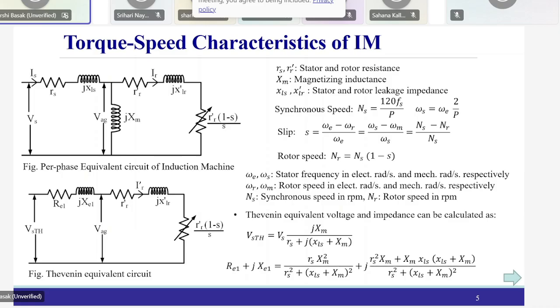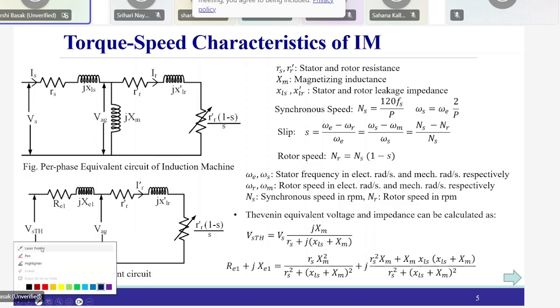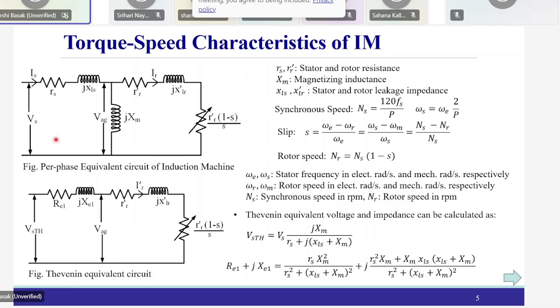Especially, speed control is nothing but shifting the torque speed characteristics of the induction machine. So now let us talk about the torque speed characteristics of an induction machine. First of all, we'll talk about the equivalent circuit of the induction machine. Now here we have the supply voltage, or the stator voltage, right?